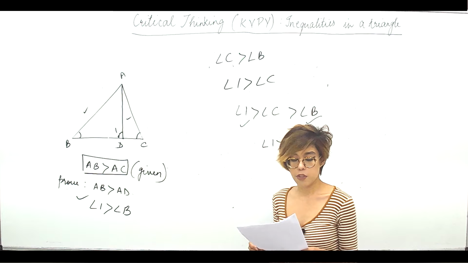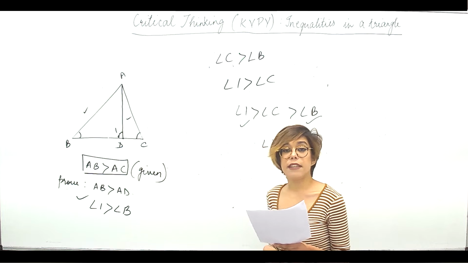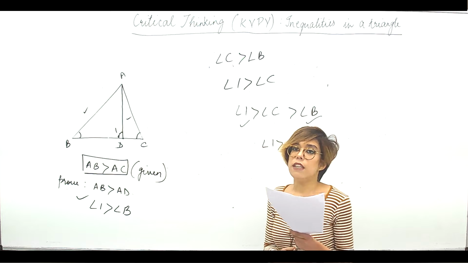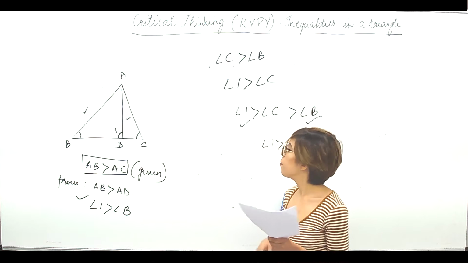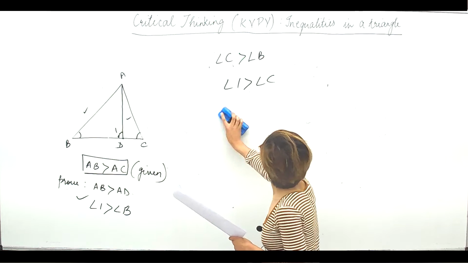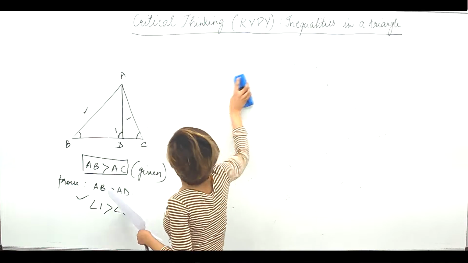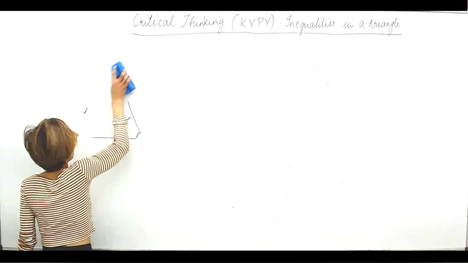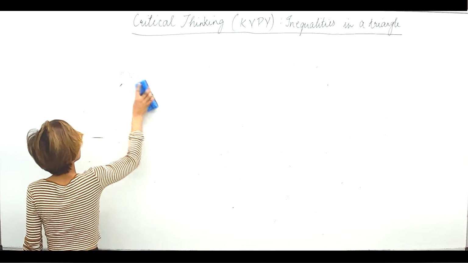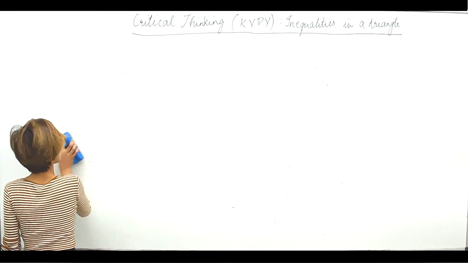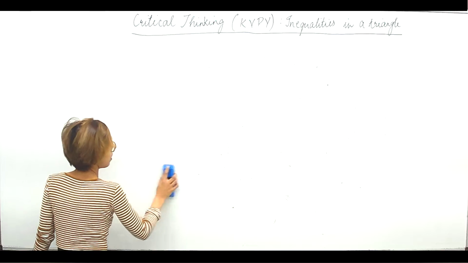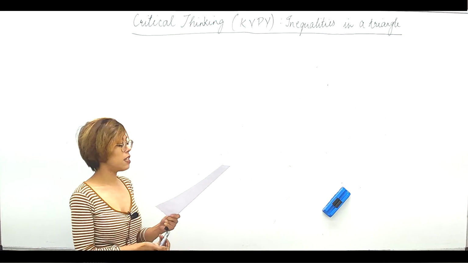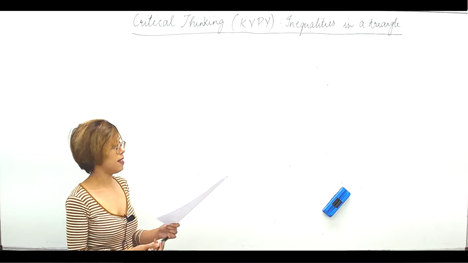Show that angle A is greater than angle C and angle B is greater than angle D. Direct usage. AB and CD are respectively the smallest and the longest sides.